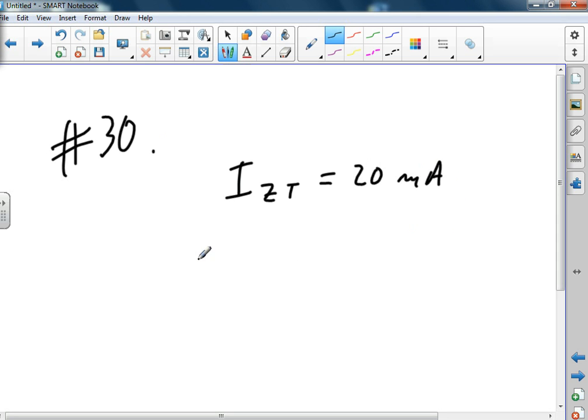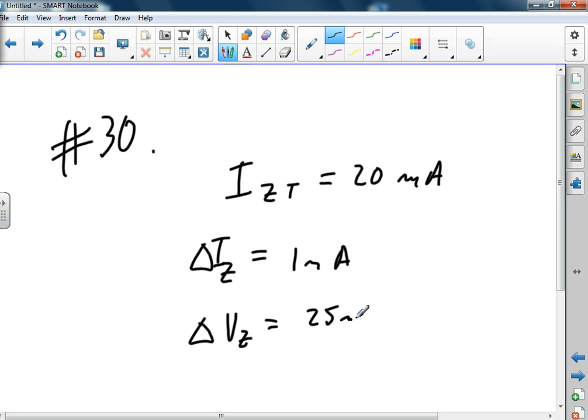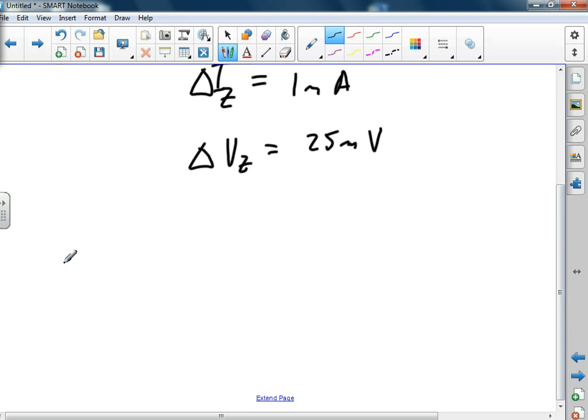If the change in the impedance, the change in the Zener current is 1 milliamp, and this results in a change in the Zener voltage of 25 millivolts, what is the impedance?